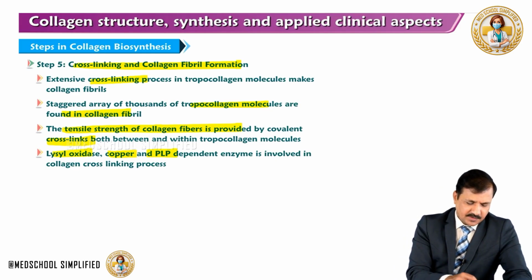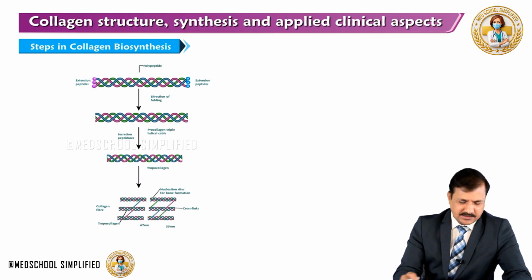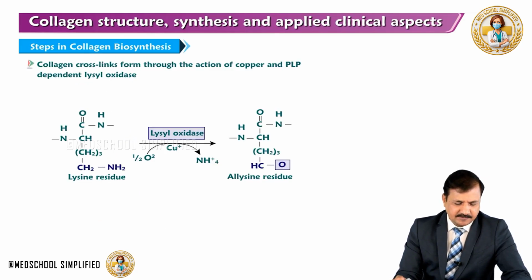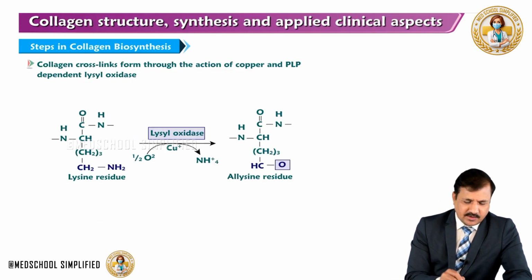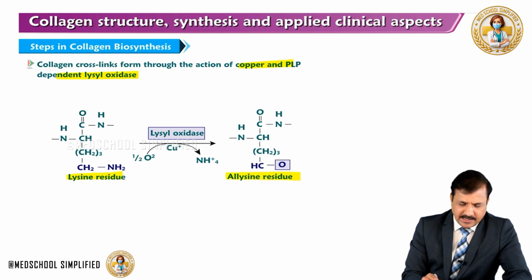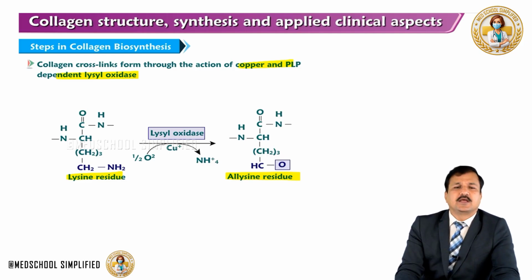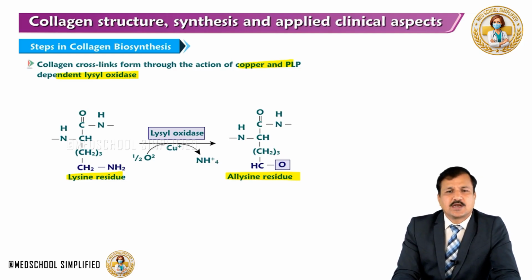Let's look at what exactly happens in collagen cross-linking. It is shown here that collagen cross-linking forms through the action of copper, PLP dependent lysyl oxidase. As you see, the lysine residue is converted into an allysine residue, where an atom of oxygen is introduced and ammonium ion is removed.